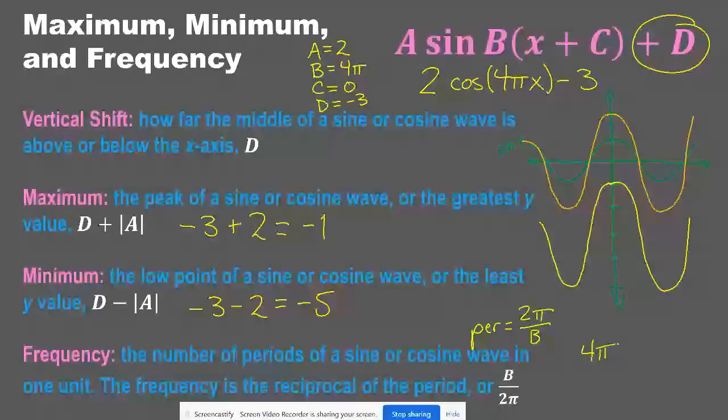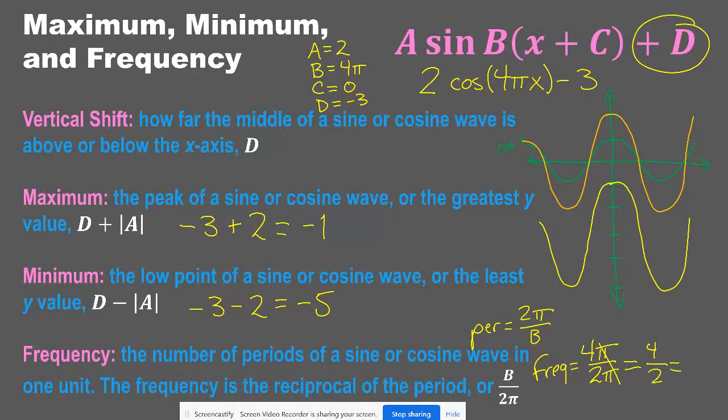So to find the frequency, we would take 4 pi and we would divide it by 2 pi. And when we do that, the pi's cancel out. We get 4 over 2, which is just 2. So what that means is that this function, the graph of this function, would run through 2 full cycles before it got to 1, or by the time it got to 1. So that's how you find frequency. It's b over 2 pi.